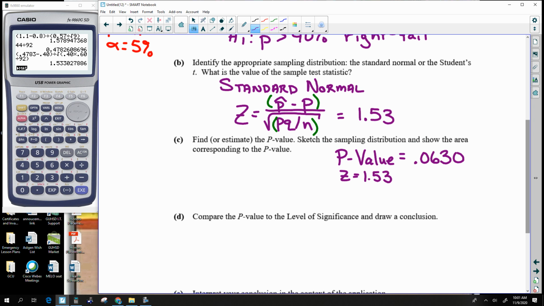Okay, so what I notice here, oh, sorry, not to that point, I gotta draw a picture. This is a right tail, so the rejection goes on the right. This is alpha, and alpha is 5%.